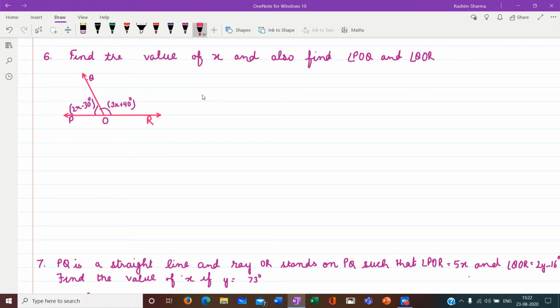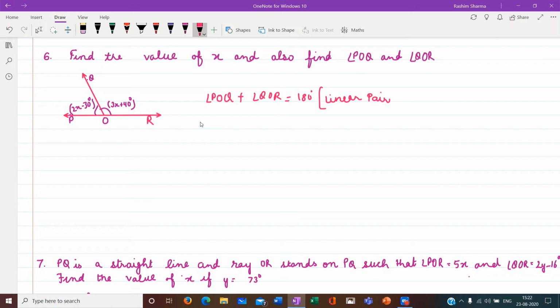So we will write angle POQ plus angle QOR, the sum of both should be equal to 180 degree. Why 180? Because when we have a pair of angles on a line, that is known as a linear pair, and in a linear pair the sum of both angles is equal to 180 degree.